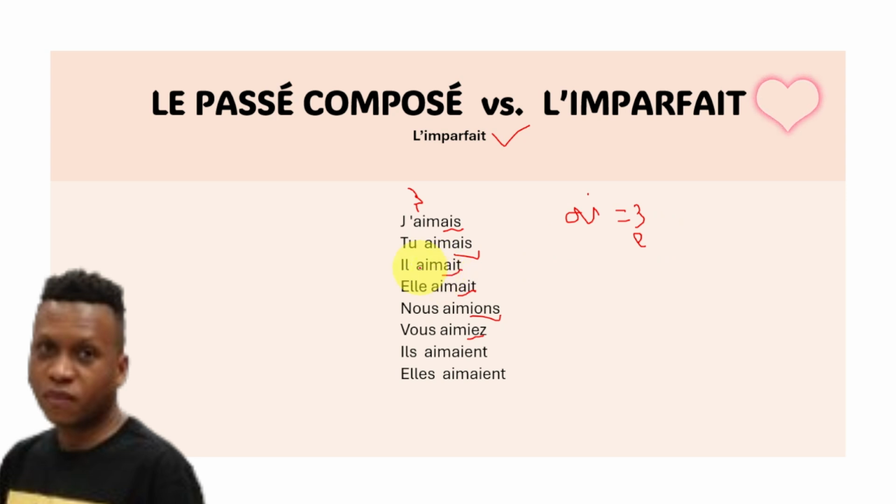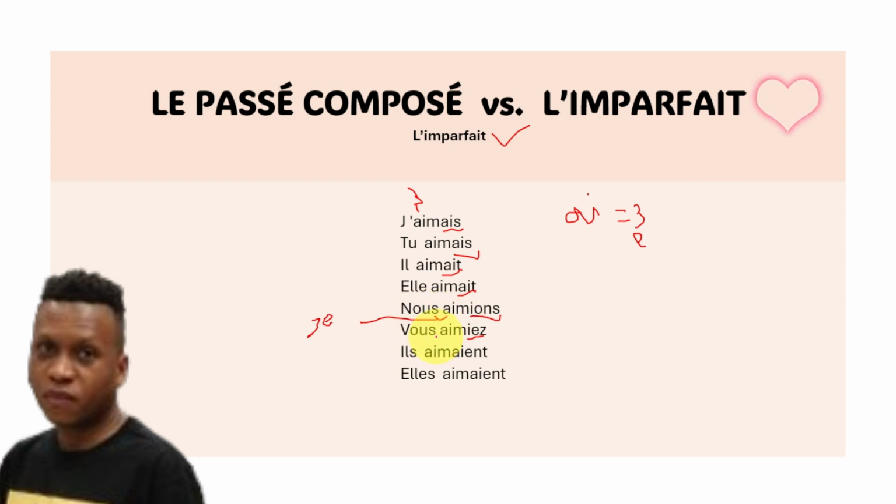Okay, same thing with this and this one. So it's like aimer. Okay, il aimait, I understand. Elle aimait, it's okay. Nous aimions. Like the way you say camion. Nous aimions. So this one sounds like this. Nous aimions.